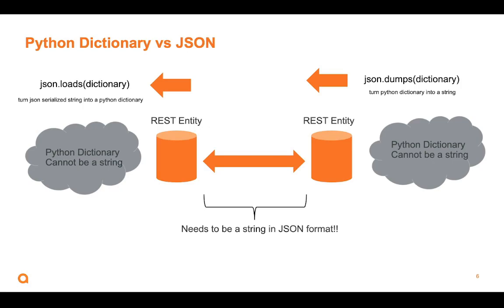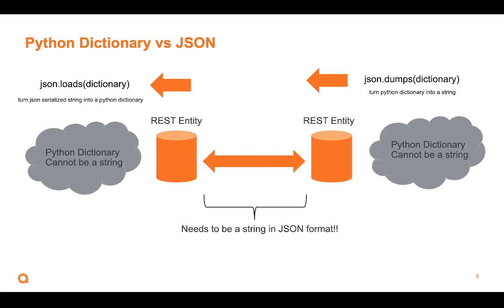So we're going to use these utilities called JSON dumps and JSON loads. This is a little confusing, but we're going to work our way through it. When we have a Python data structure, say on the right-hand side of the screen, and we want to get it over to the left side of the screen, we have to do this thing called JSON dumps.